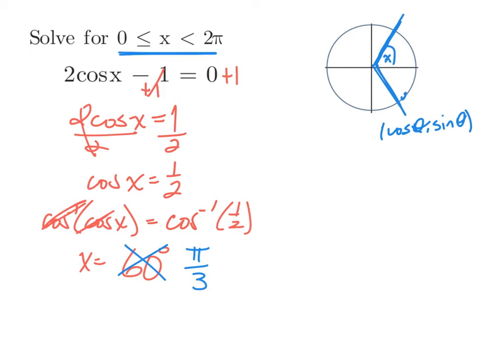And we need that same pi over 3 angle that's in the fourth quadrant. So if this angle here is pi over 3, that would mean our other answer is 5 pi over 3. In general, not always, but in general, when we're solving over one entire trip around the circle, we're going to end up with 2 answers.